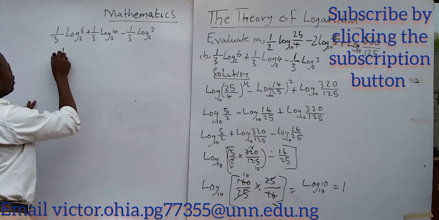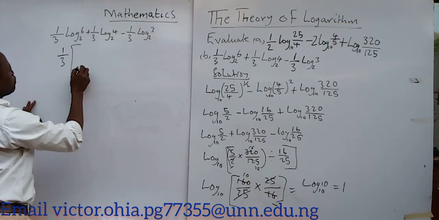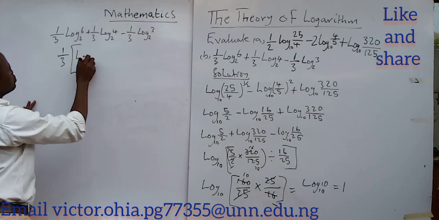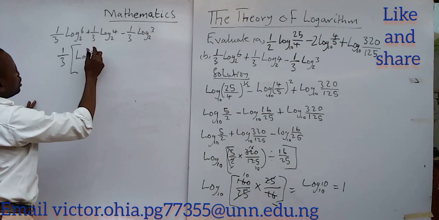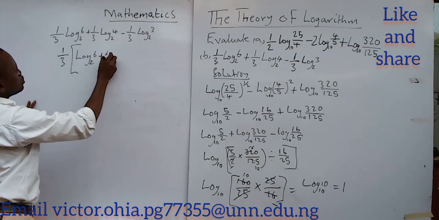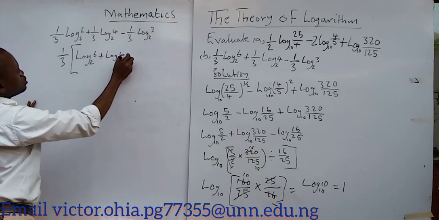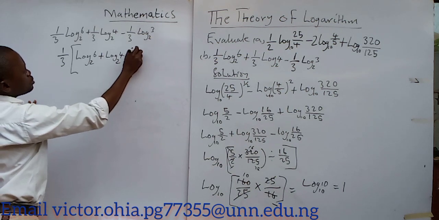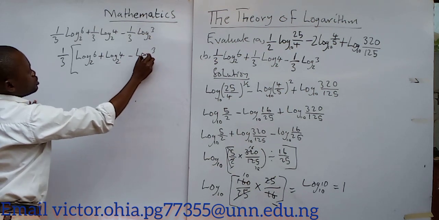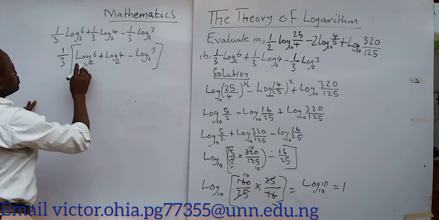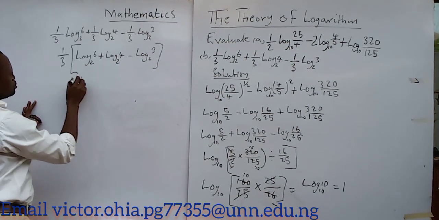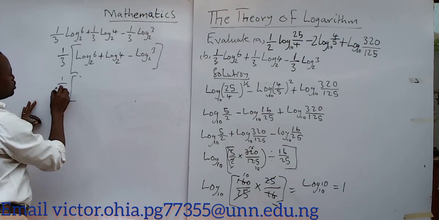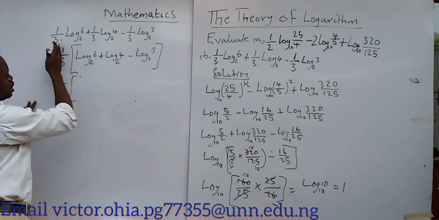So I will have 1 over 3 outside here, and I will have log 6 in base 2, then plus log 4 in base 2, then minus log 3 in base 2. Remember this 1 over 3 is still outside, and then I factor this out.